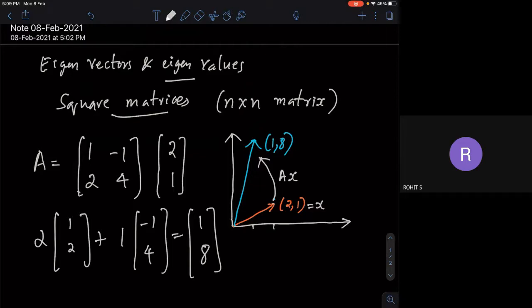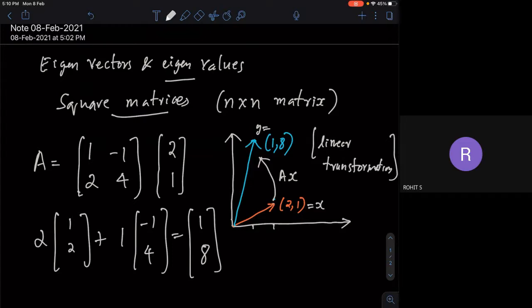This is clear, right? And this is called a linear transformation. In some sense, the point x has been transformed from this point x to this point y, and that's why it's called a linear transformation.